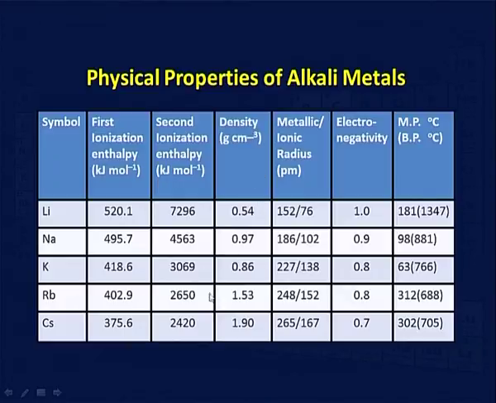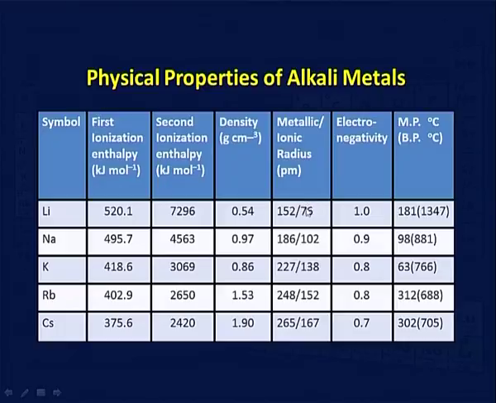There is always something exceptional which also happens, and you can see this metallic and ionic radii, because we keep on adding additional shells, they will follow a very particular trend, they will keep on increasing down the group. See 152, 186, 227, 248, 265, and this is of course after the removal of electron.